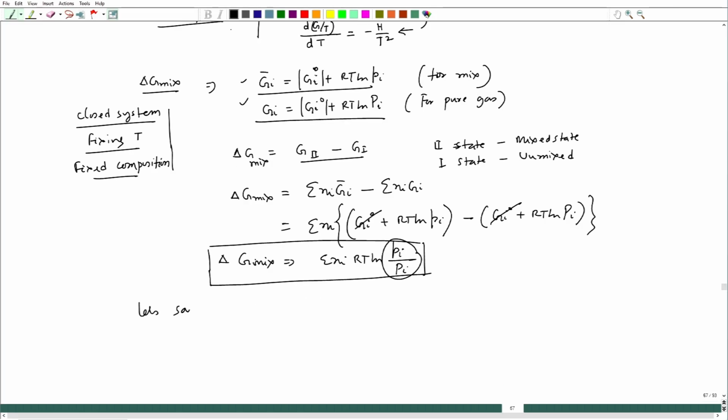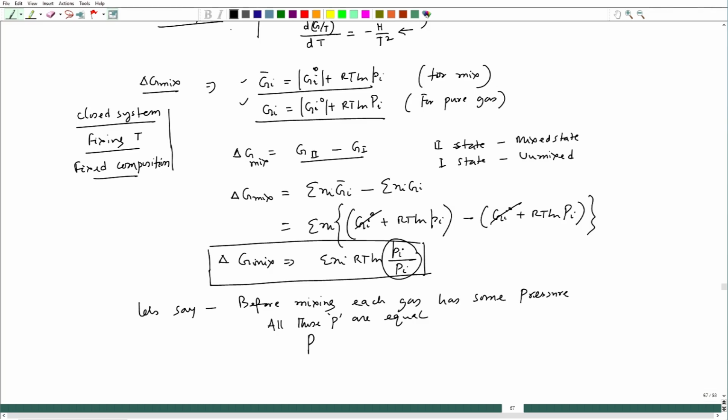Now, let us say before mixing each gas has some pressure, okay, and all those pressures are equal.